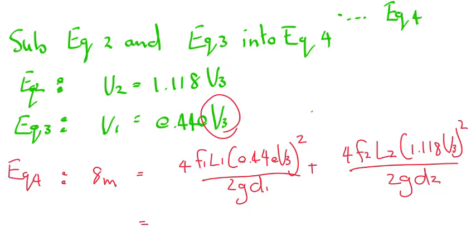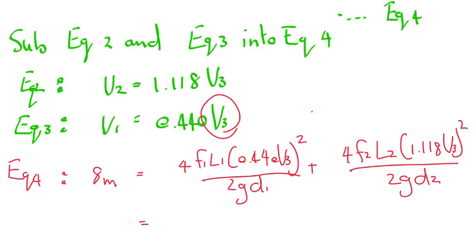I think I would have stored that as alpha E, or maybe alpha F. Okay, no, we'll just use the 0.440 as is, so that you can just see what the process is.